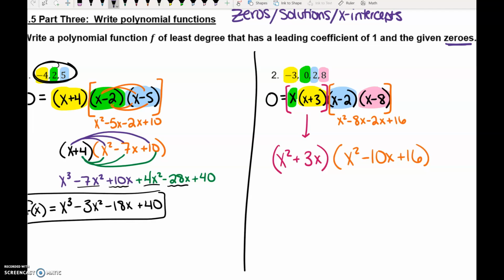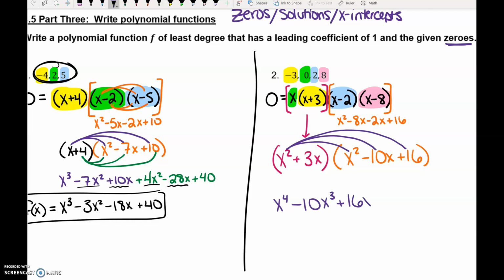Next step is to double distribute. So take your x squared. What's x squared times x squared? X to the 4th. X squared times negative 10x is negative 10x to the 3rd.